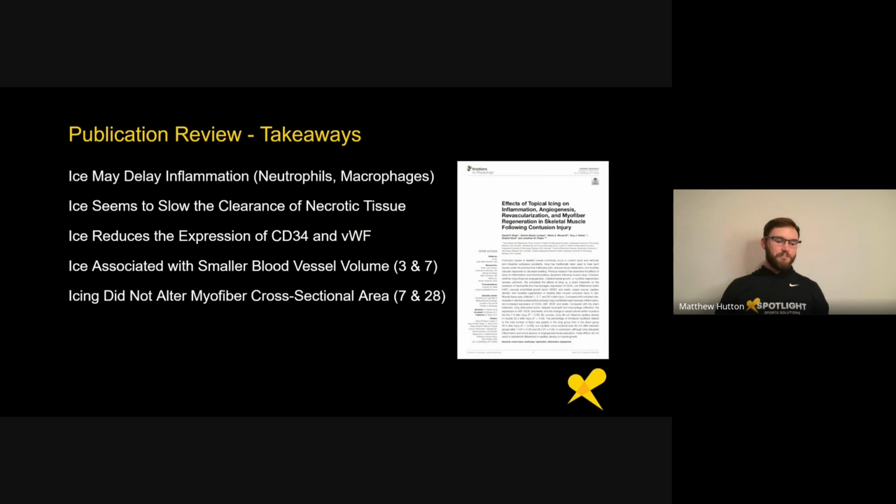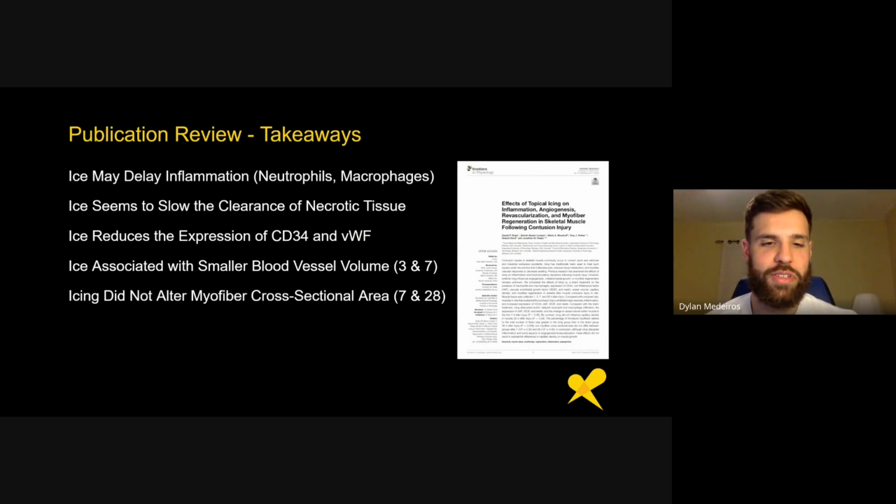No, I think I'm just really surprised that doctors would hang their hat on such poor quality evidence. And I agree with you. I mean, the fact right off the bat they were using rats, I already don't like that quality of evidence. The fact that it's such a small sample size, and the fact it's a crush injury, which, how often are we seeing crush injuries in humans, or especially in athletes?